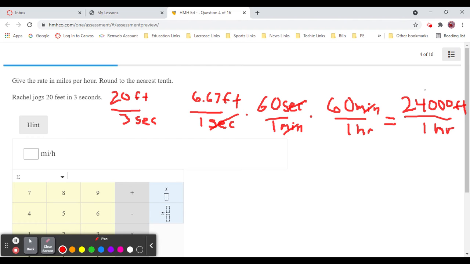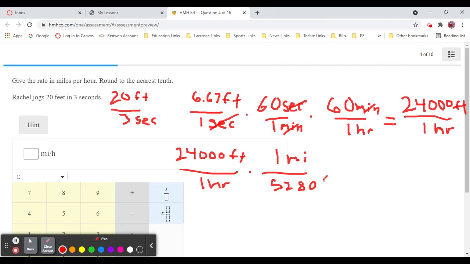And what we're going to do to convert to miles, we're just going to simply divide by 5,280. I'm going to write it out for you so you see it. 24,000 feet, 1 hour, divided by 1 mile, which is 5,280 feet.